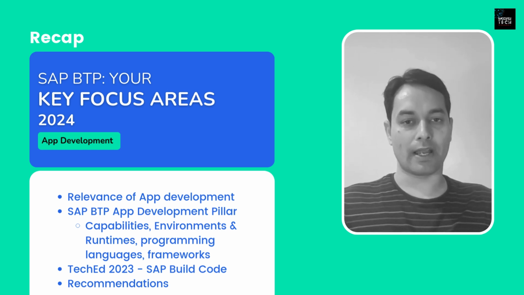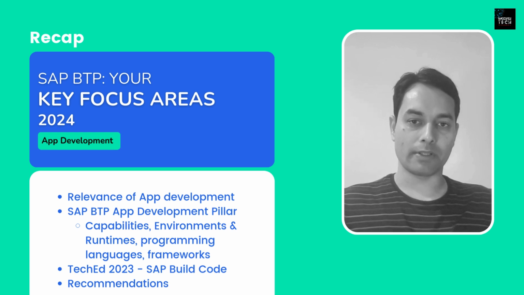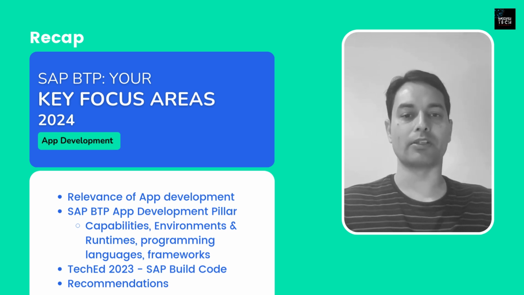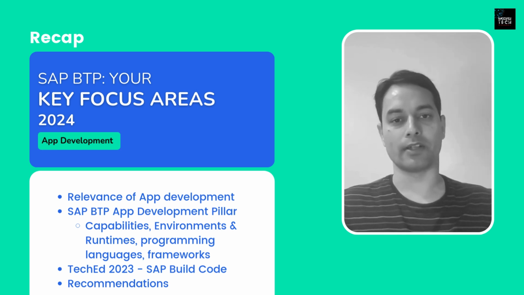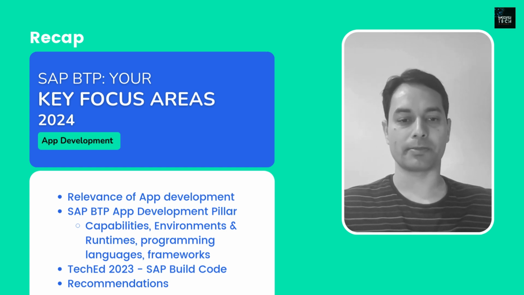Then we moved to SAP TechEd 2023 announcements, and we saw how SAP Build Code would be coming very soon, and it'll change how we develop applications. And lastly, we had some recommendations on the episode specific to the SAP BTP application development pillars.